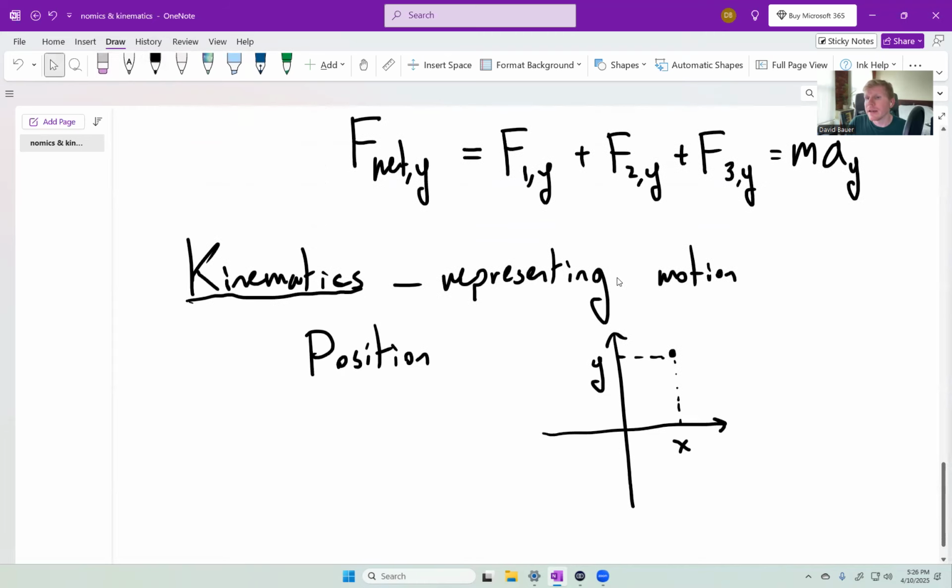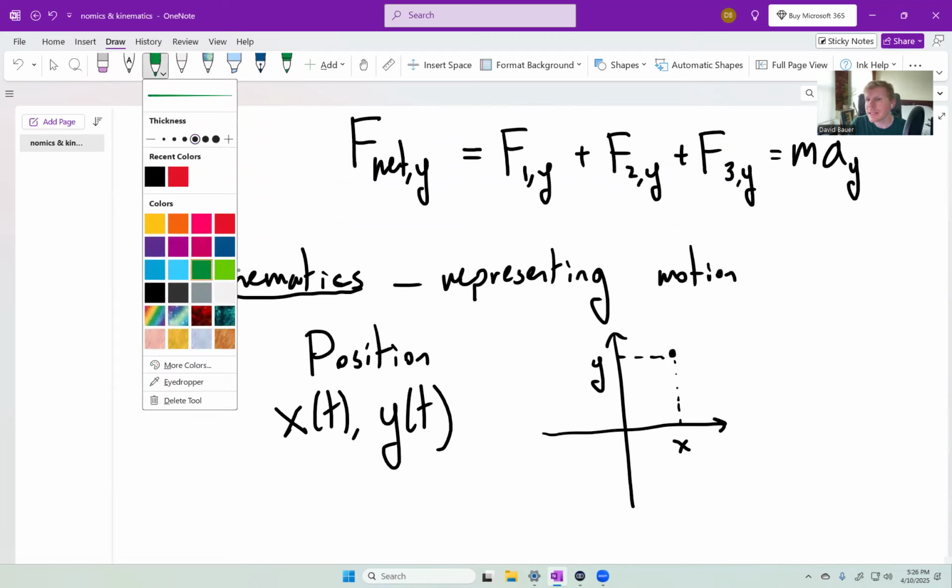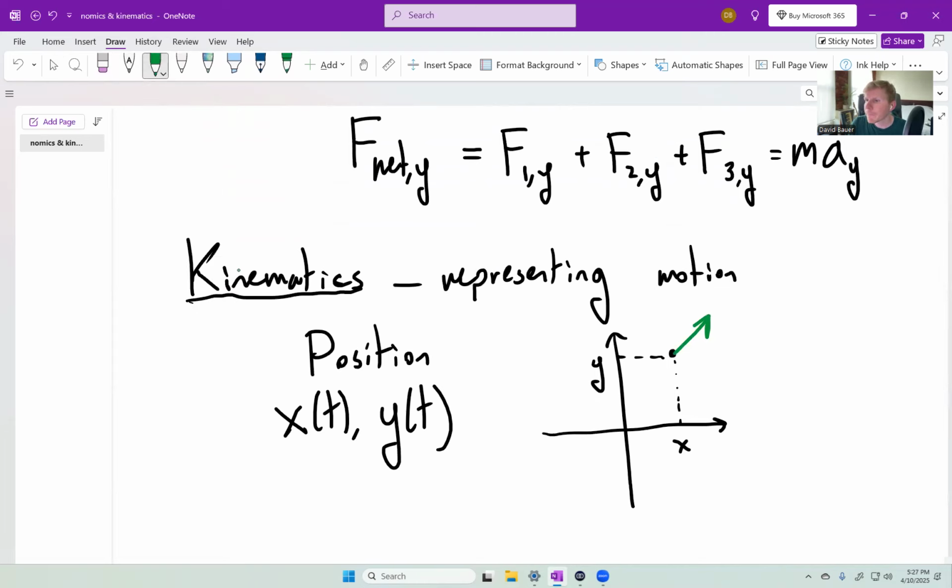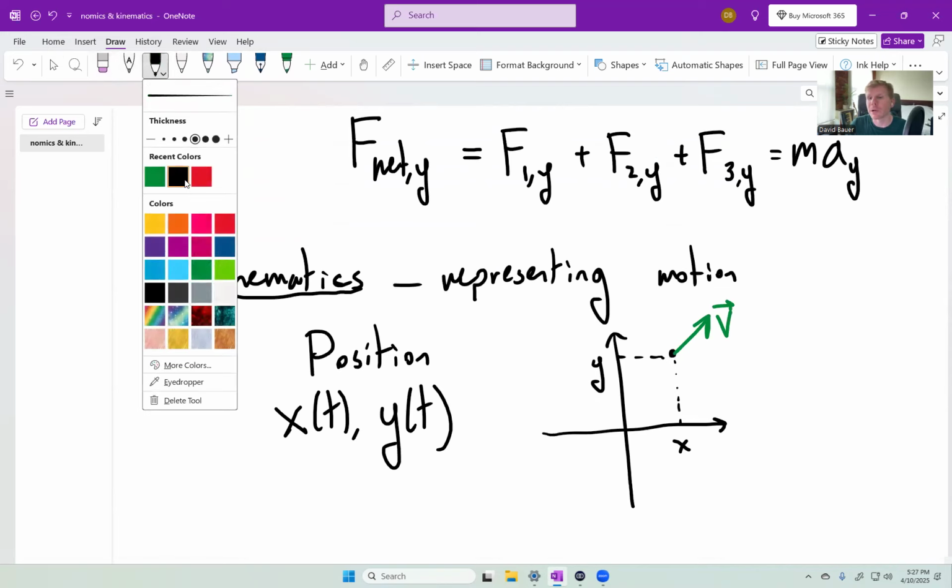These are going to be functions of time, the components of the position, x of t and y of t. And then we can define the velocity. The velocity is a vector that tells us how our particle is moving.